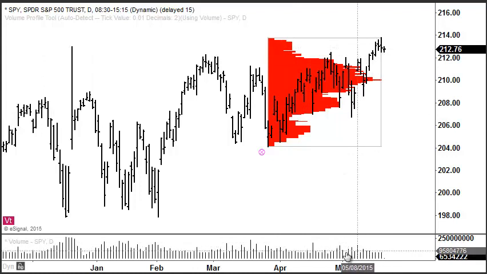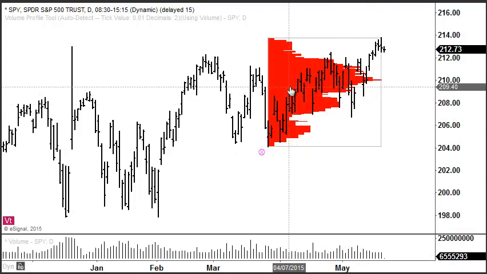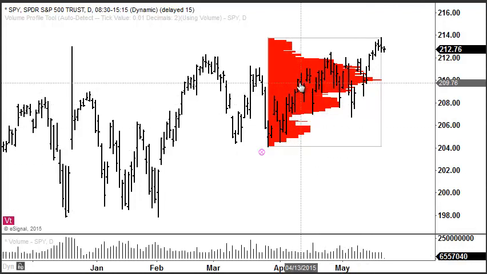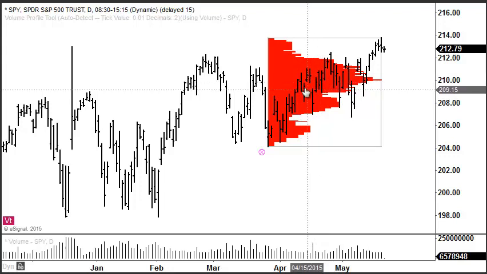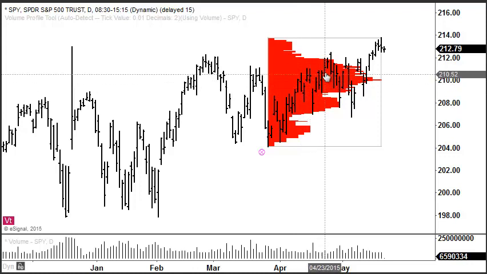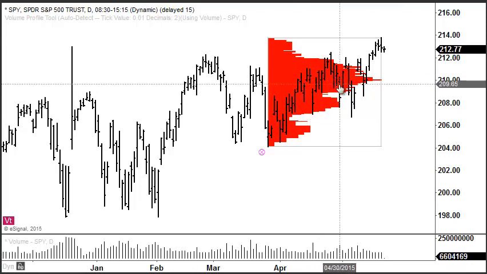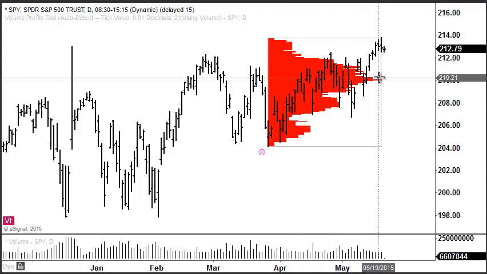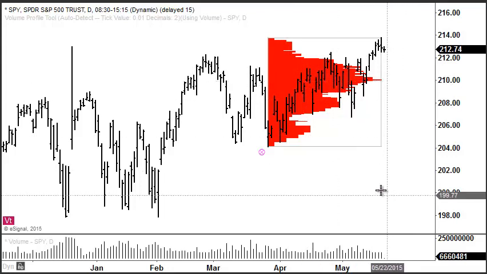It's taken all of this volume, and rather than just displaying the total transactions in each bar, it combines each transaction at a specific price, no matter how many bars it trades. So each time 210 trades, however much volume is traded at 210 continues to accumulate in this red histogram. So that's volume at price.